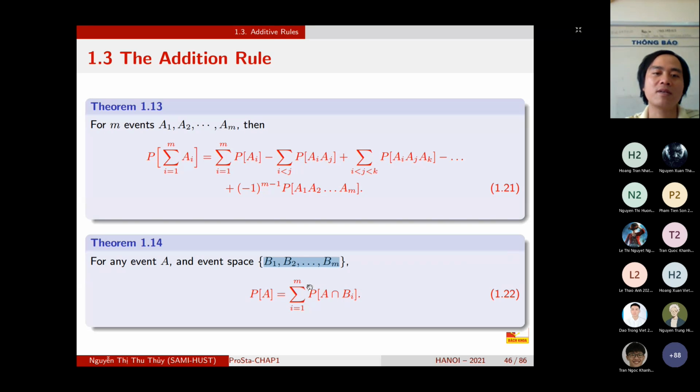That's why sometimes we can compute the probability of event A by taking the summation of the smaller probabilities P(A intersection Bi), summing from 1 to m. Sometimes it's very useful.